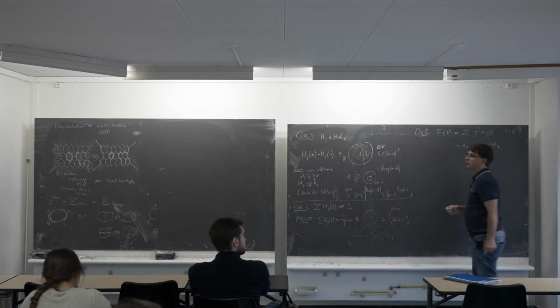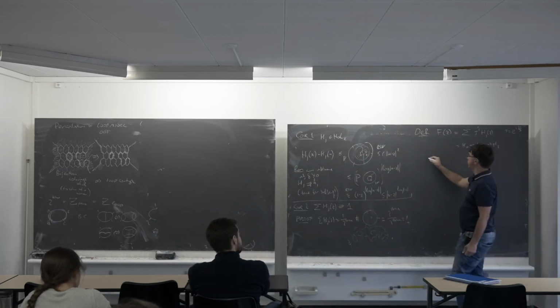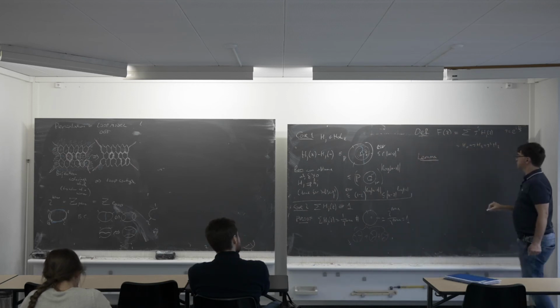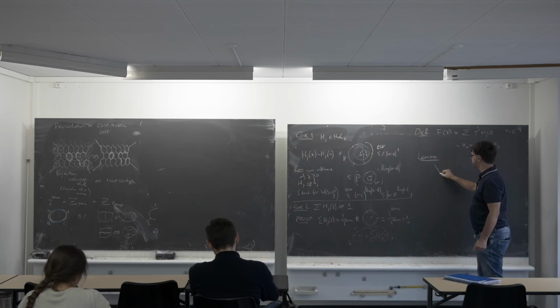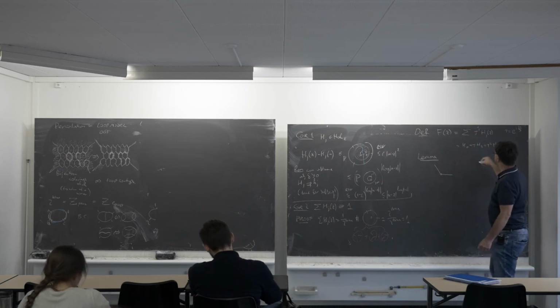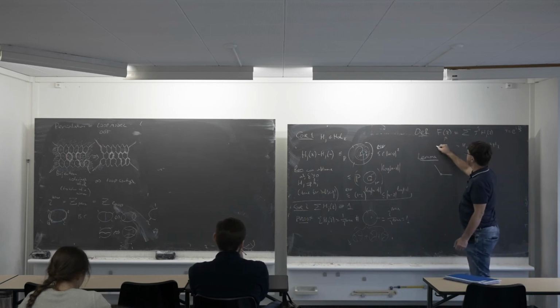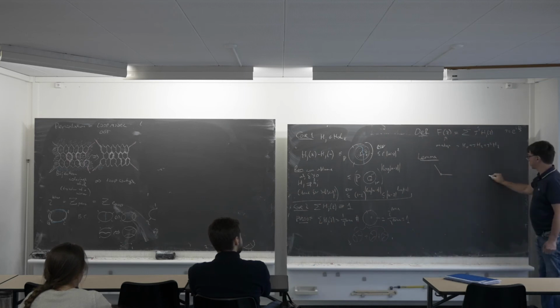So the thing which I want to say is the following lemma. So suppose we have some vertex. So our function is defined on edges, as I said. So h we define, so z is an edge. Why do I define it on edges and not on vertices?